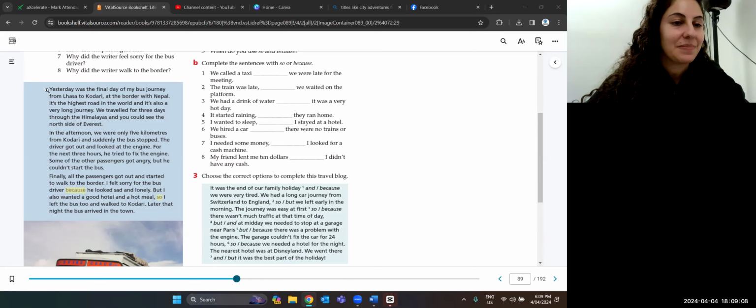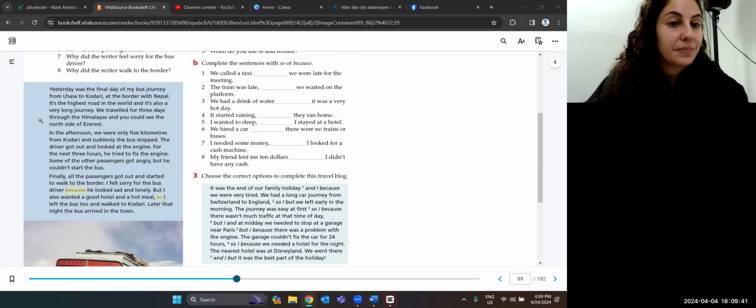Okay, let's read together. Yesterday was the final day of my bus journey from Lhasa to Kodari at the border with Nepal. It's the highest road in the world, and it's also a very long journey.